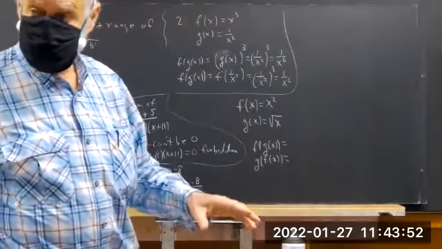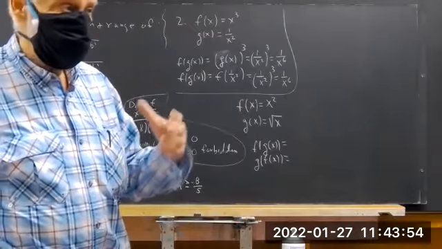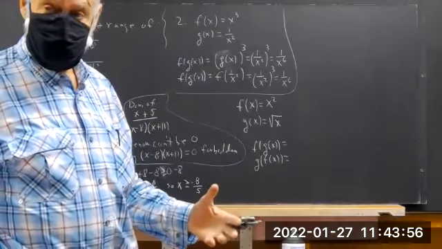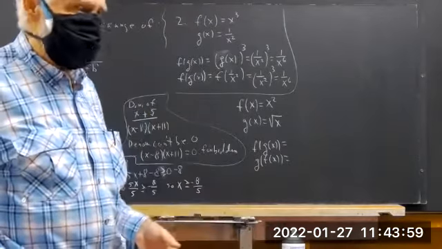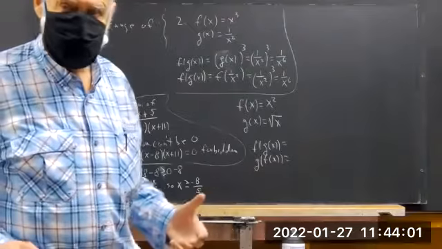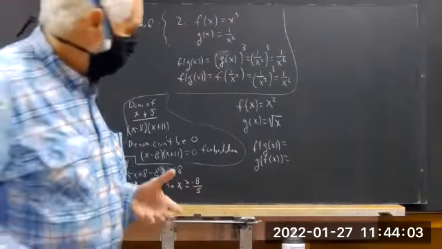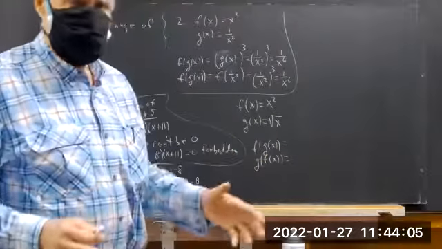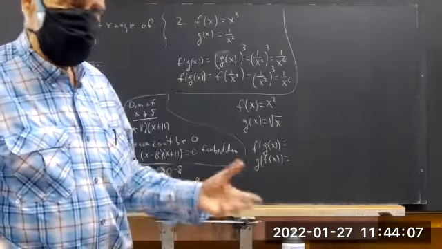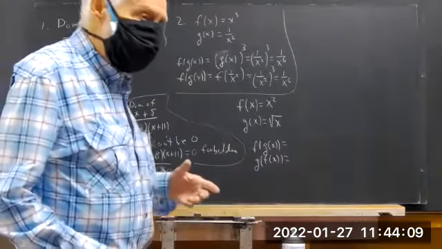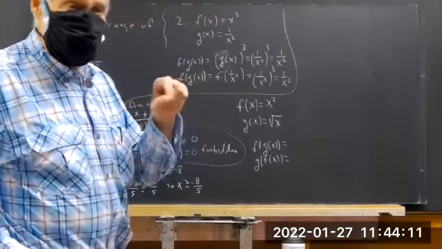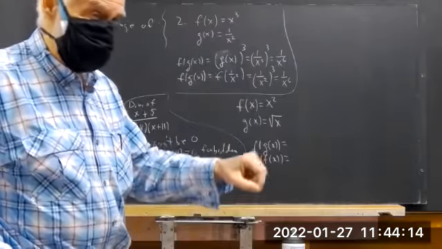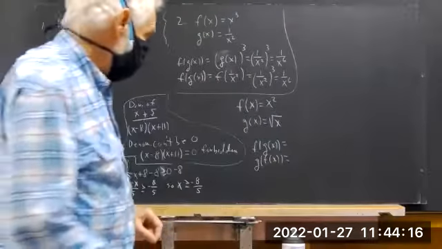I don't want you to miss steps. I want to see every step. Otherwise, as I said, I get nervous. It's not your problem. But really, you want to do it so that you can succeed in your pre-calculus course.